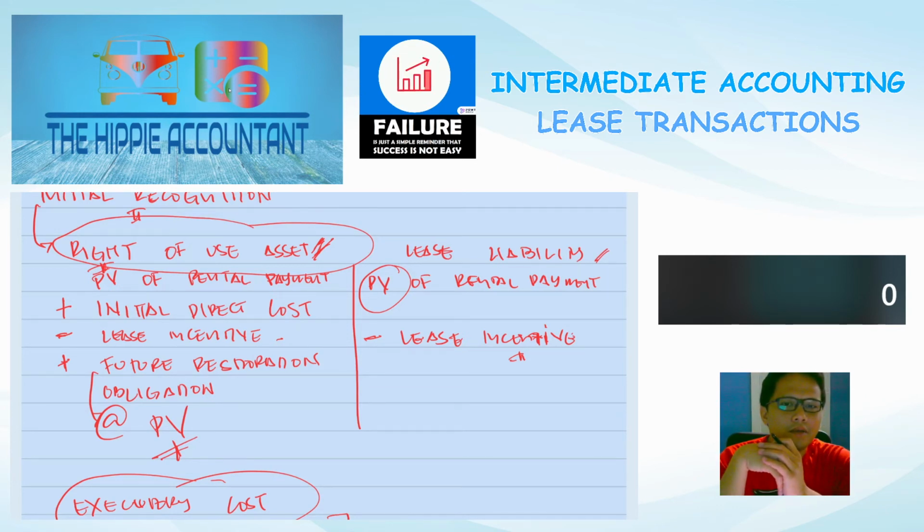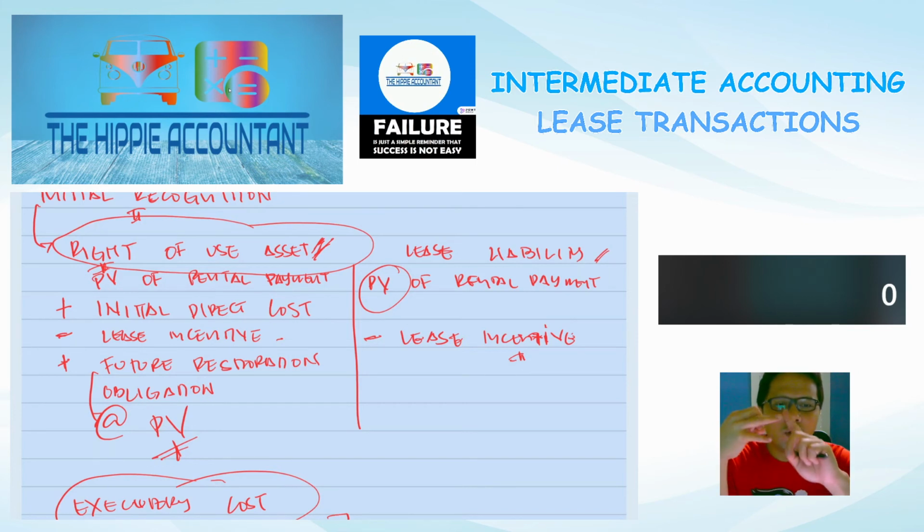Diba? So, ito medyo tricky to kasi nga, minsan yung pagkakaalam natin dito is that the lease incentive, i-consider lang siya pagdating sa right of use asset. Hindi. In fact, yung pagka-state nito sa standard is that included siya, or considered as a deduction, sa right of use asset and sa lease liability.